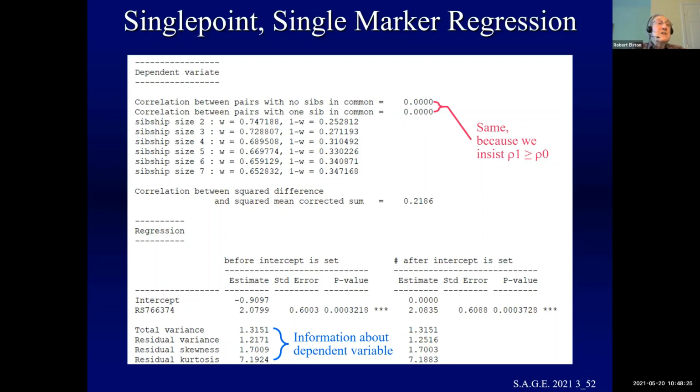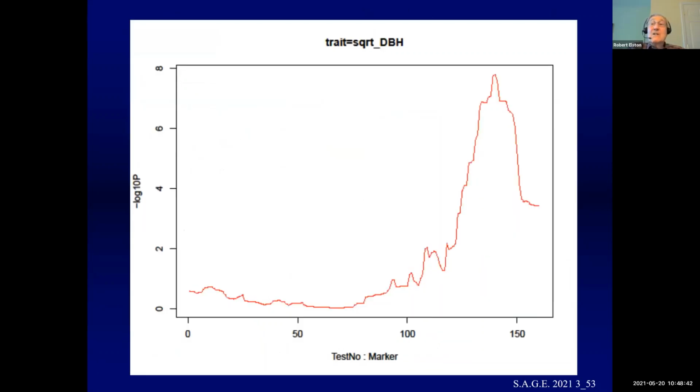I'm not going to go into the W, but it's estimating W here for you. And you get the correlation between squared difference and squared sum, the mean corrected, and you've got all this information coming out. Now, if you use that script file, you plot something like this.